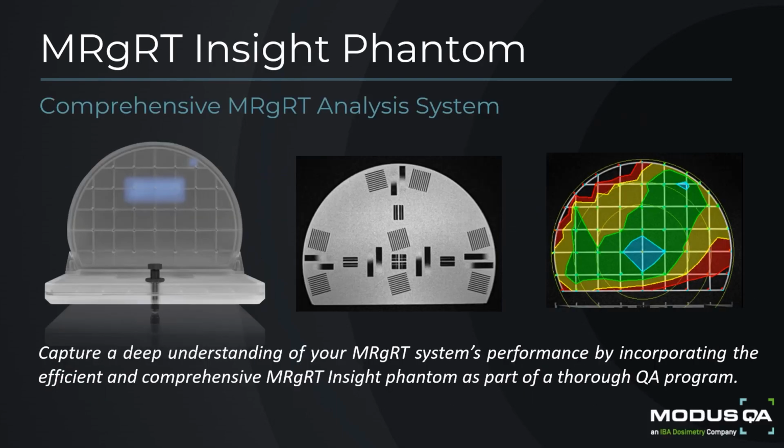With this ongoing issue in mind, this is the QUASAR MRgRT Insight Phantom, which is our newly released time-saving quality assurance device that's designed to test image quality and machine targeting on your MR Sim and MR Linac.